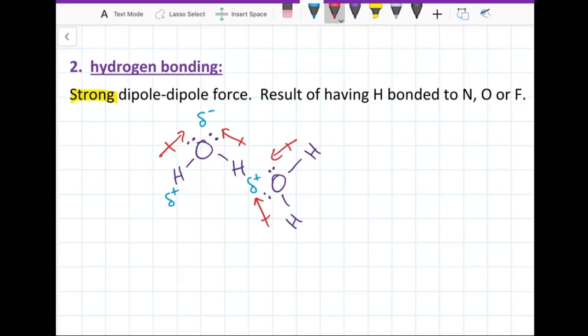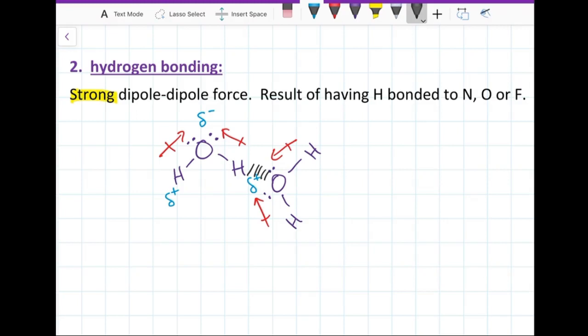So these are both polar molecules, and they're going to line up to minimize repulsion, so that the hydrogens are not close to each other, so that the oxygens are not close to each other, but the oxygen and the hydrogen ends are close to each other. That, by the way, is why we call these intermolecular forces, because we're no longer talking about the bonds within the molecule. We're talking about one entire molecule and how it interacts with another molecule.